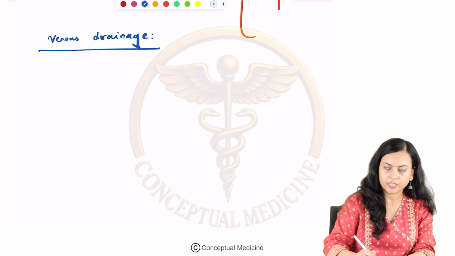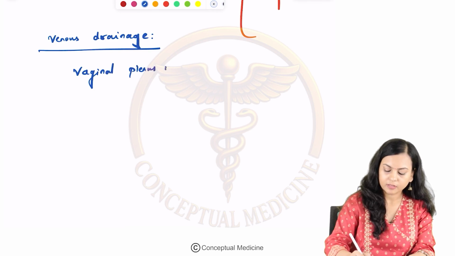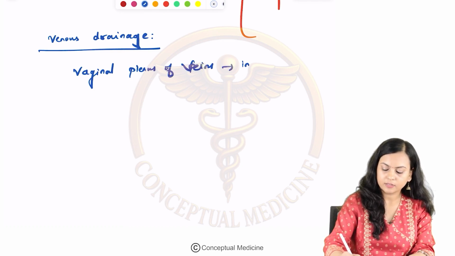Venous drainage of the vagina happens via the vaginal plexus of veins, and it drains into the internal iliac veins.